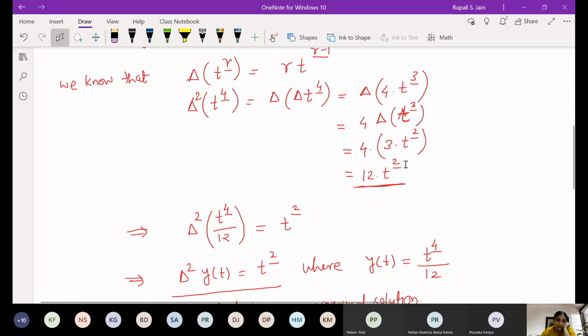Now I want here, instead of t to the 2 falling, 3 falling. What should I take here? t raised to 5 falling.